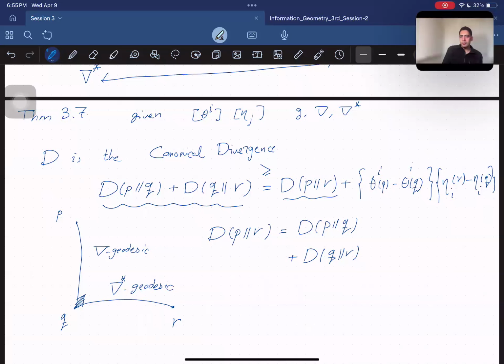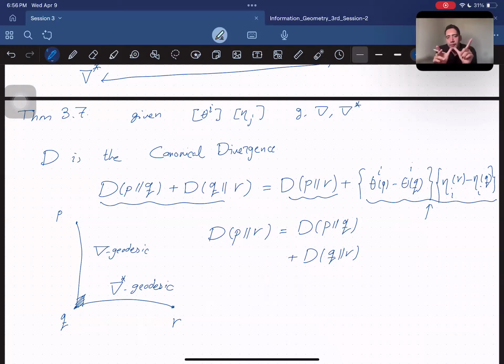Now, this does not hold for any divergence in the general case, but this way of thinking about divergence makes us able to talk about what's the difference between these two, and it is nothing but the canonical dually flat coordinate system, the dot product of them. This is the usual Euclidean dot product of the two parameter sets. With this in mind, you can have Pythagorean theorem as well.